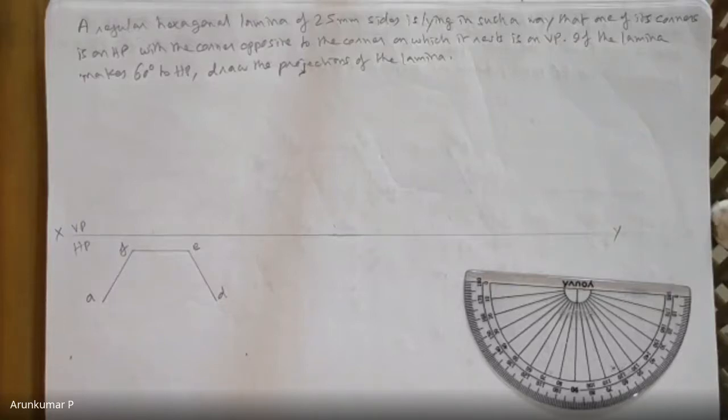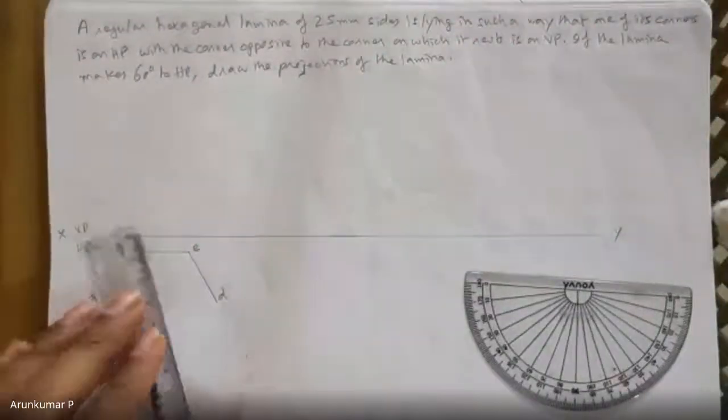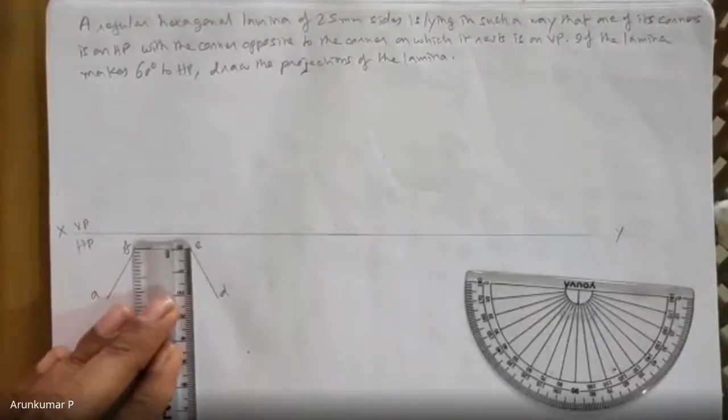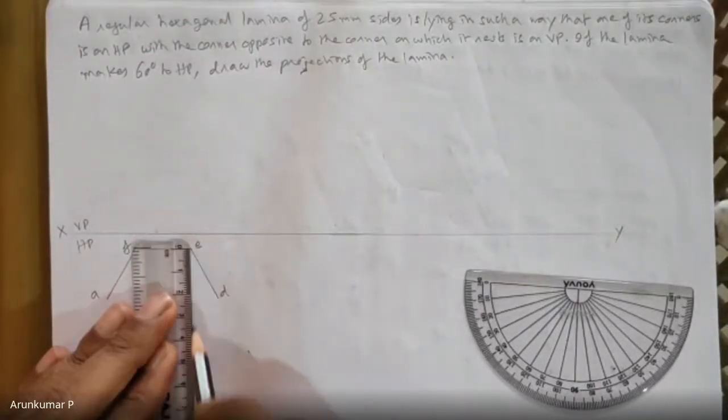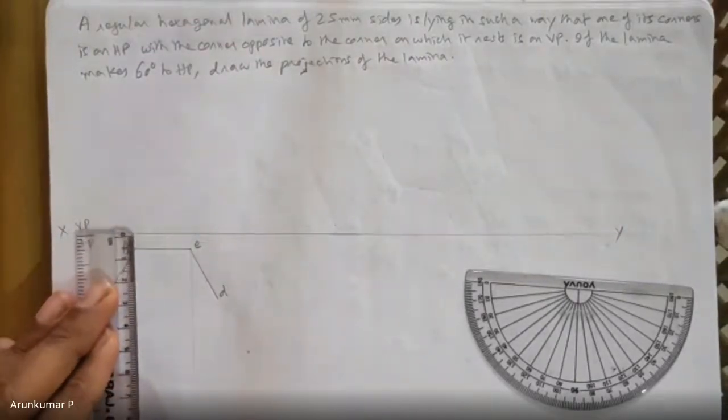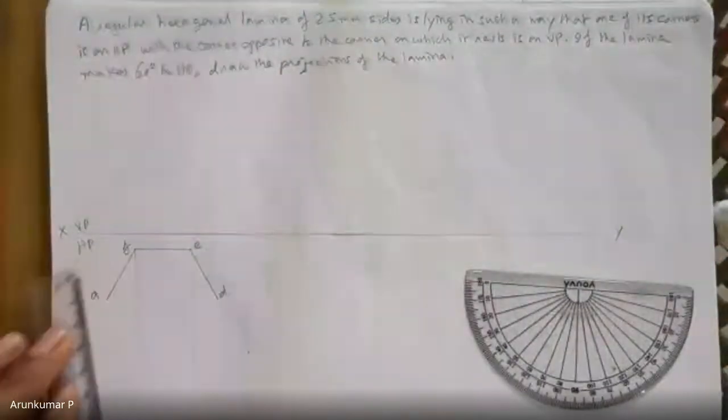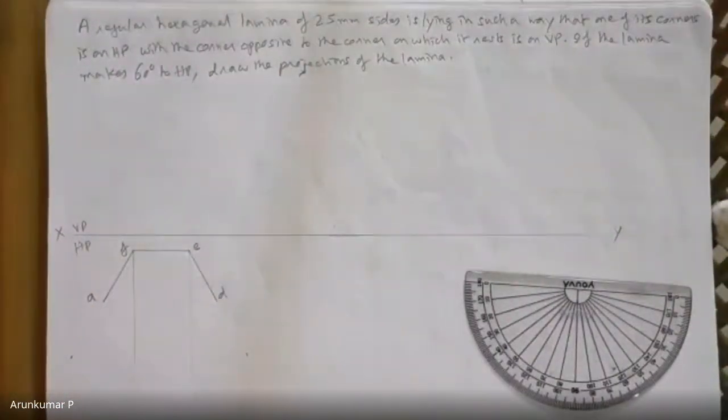Now, as I told you earlier, at E and F, you can draw two vertical lines, very light lines at E and F. Then take a rounder, measure 25 mm.